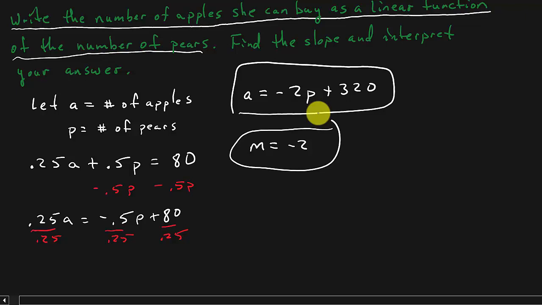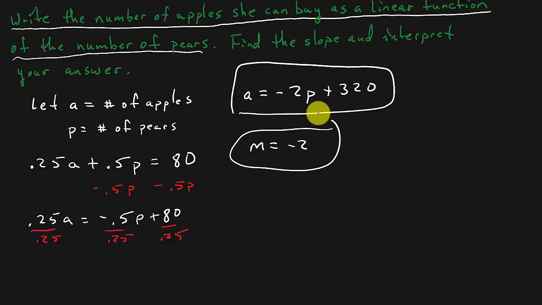That expresses the number of apples as a function of the number of pears. And we notice that the slope is negative 2. So what does that do? That causes the number of apples to decrease by 2 when p is increased by 1. And that's keeping the total cost at $80.